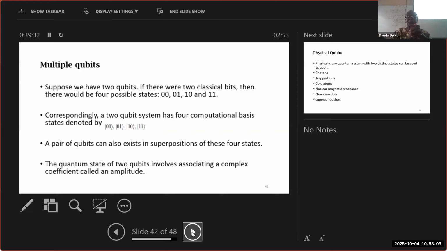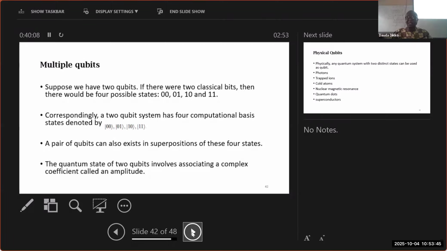However, if you have 2 qubits, the possible states can now be 00, 01, 10, and 11. They are denoted by the 4 computational basis states: |00>, |01>, |10>, |11>. So a pair of qubits can also be in superposition of these 4 states.